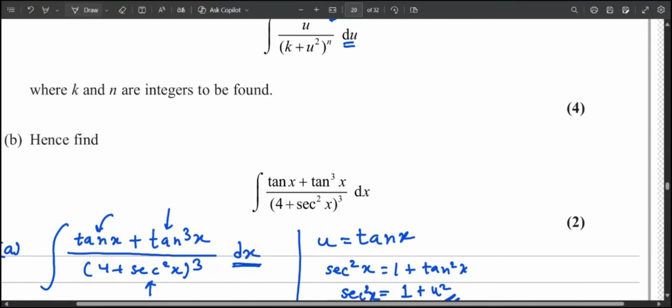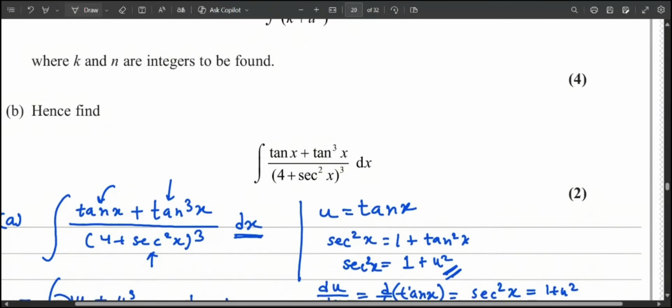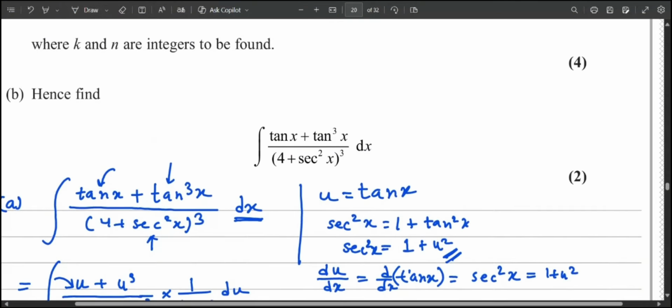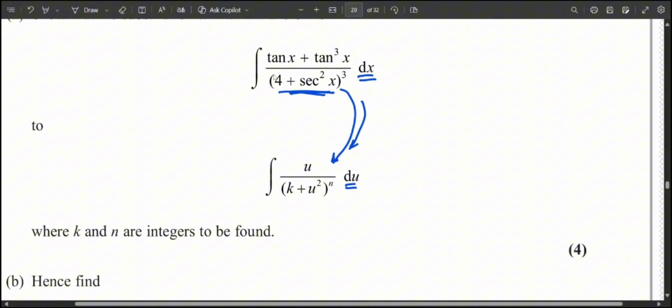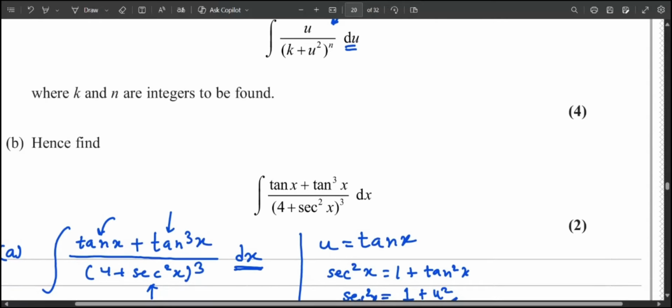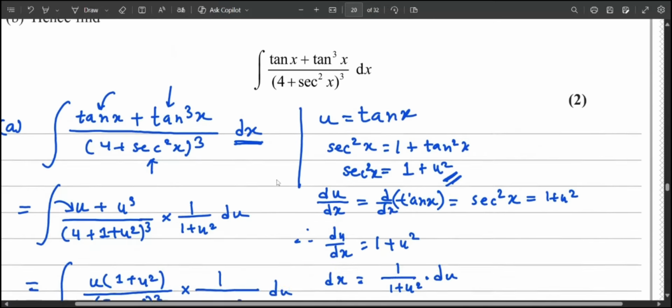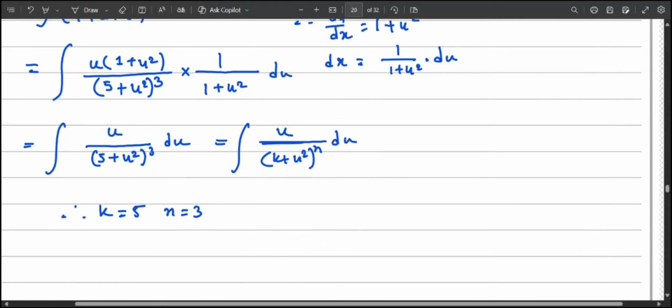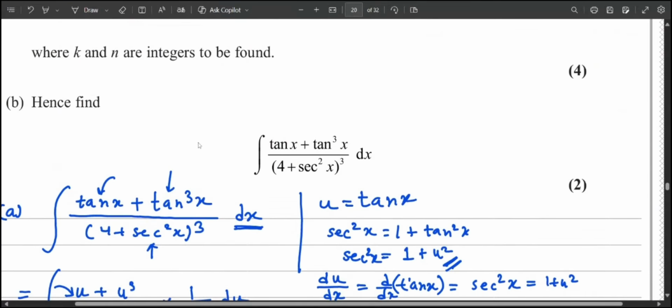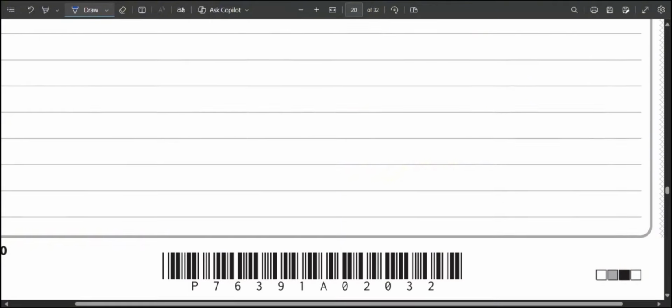Now for part B, we have to find the integral for the original expression. We've already simplified our expression by using substitution, so we can just perform the integration from that step.